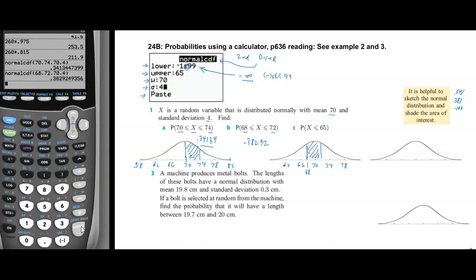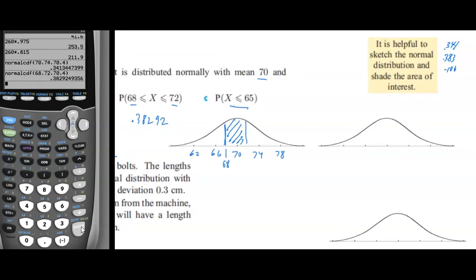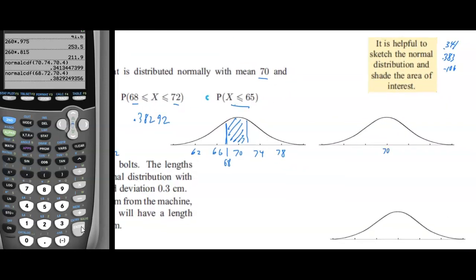And last of all, this is the tricky one. So X is less than 65. So first we're just going to, again, do the x-axis with the standard deviation intervals correctly, and then we're going to mark 65 on here. 65 would be maybe about there, right? And then we're going to say less than 65, so it would be to the left of 65. So it's that interval right there. It goes on to theoretically negative infinity.